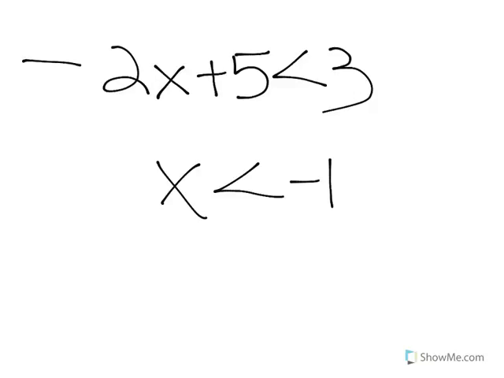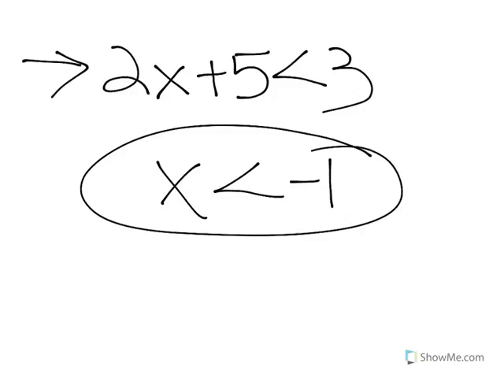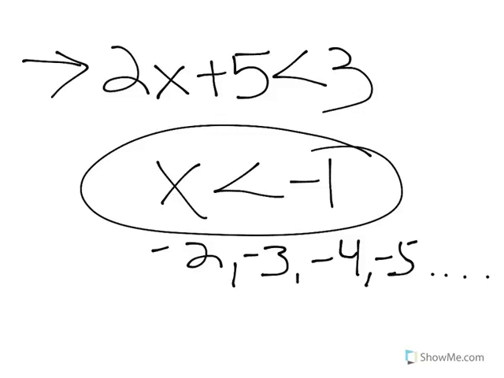The original problem was 2x plus 5 is less than 3. So the solution to this inequality is x is less than -1, which means that any number that is less than -1 will make this inequality true. So let's try it. Numbers less than -1 would be -2, -3, -4, -5, and so on.